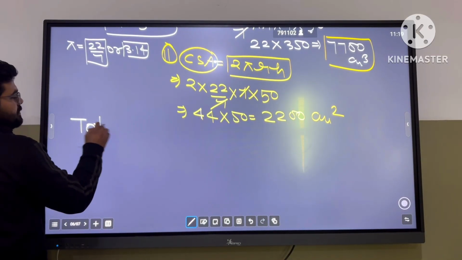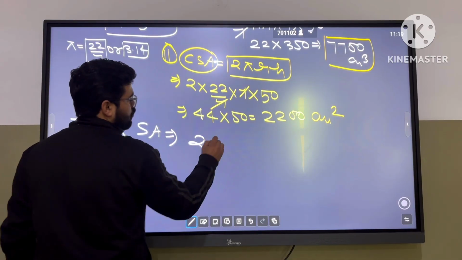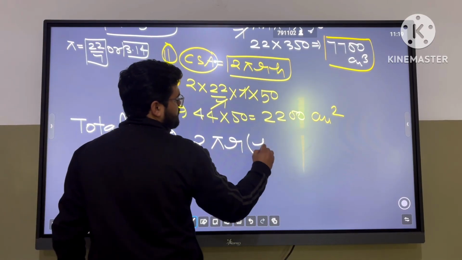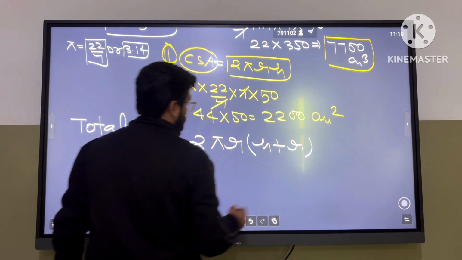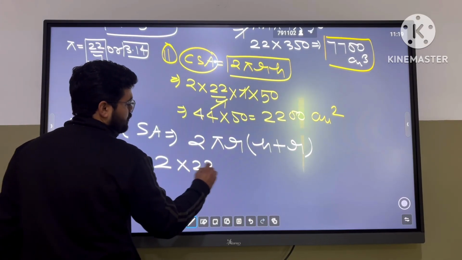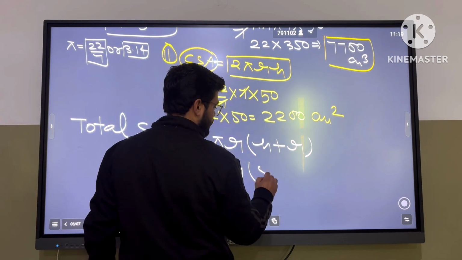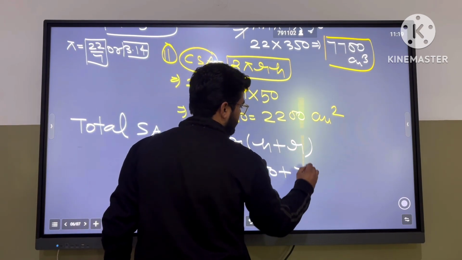Now total surface area. What is the formula for total surface area? Total surface area is 2 pi r (h + r). Value of pi 22/7, r is 7, and h is 50 plus r is 7.